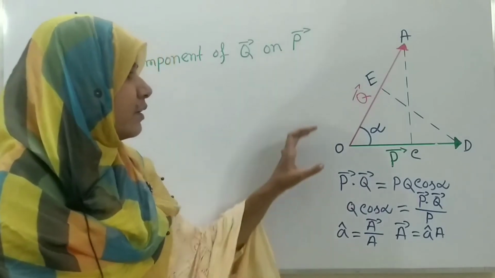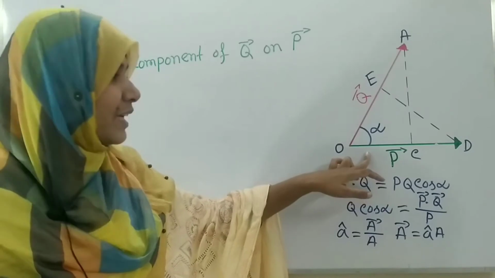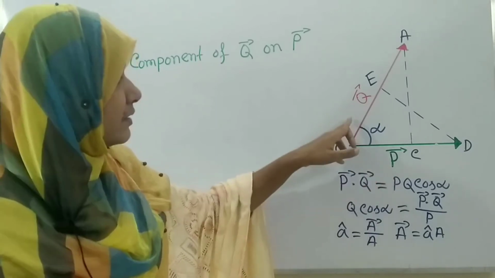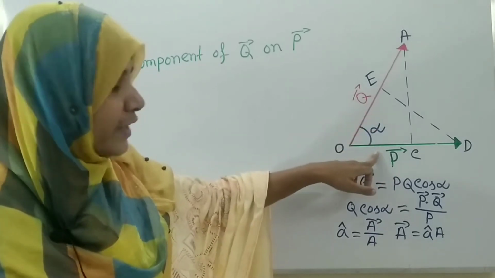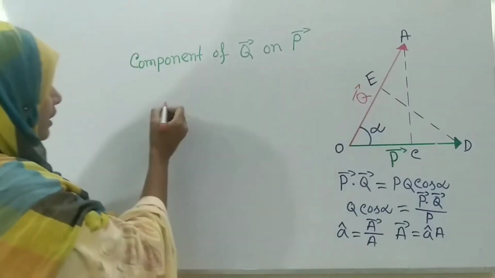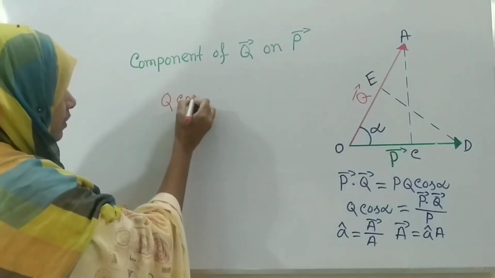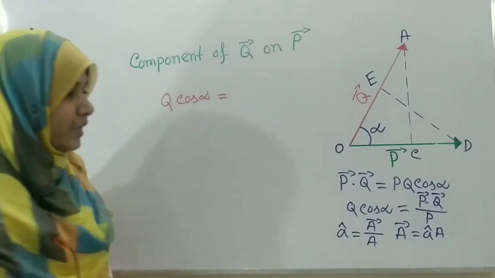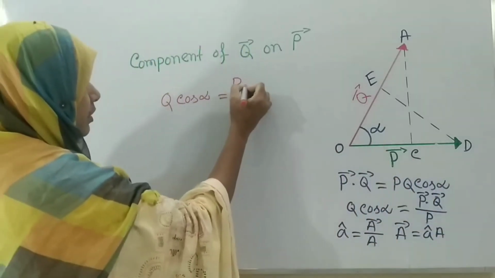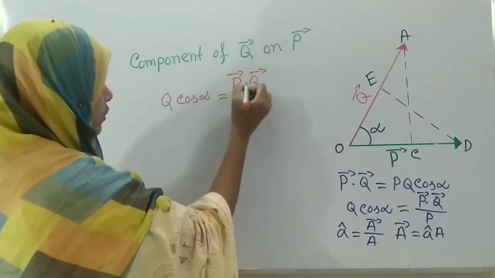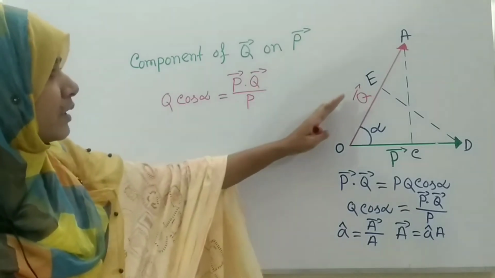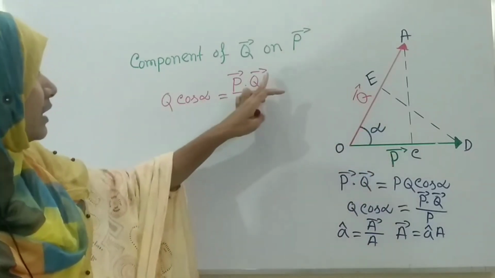Whenever two vectors make an angle, then as this Q vector is making an angle with vector P, we can say that the horizontal component of vector Q is Q cos alpha, and from the dot product we know that Q cos alpha equals P dot Q by P. So the component of Q on vector P is P dot Q by P.